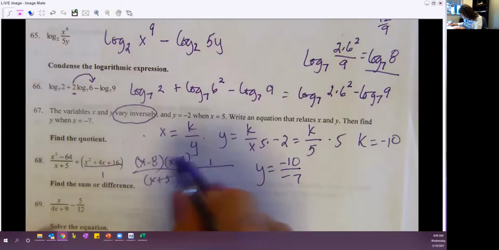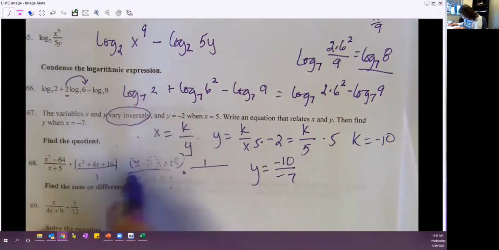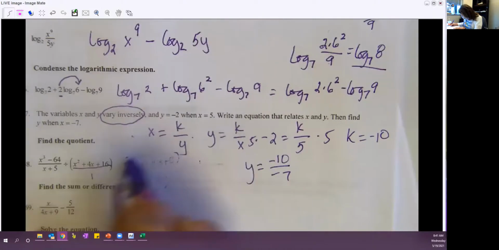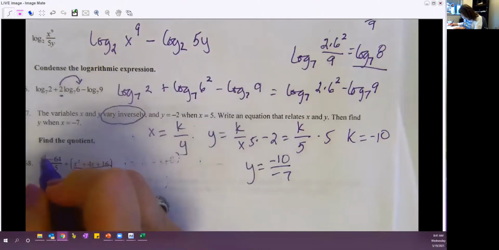Sorry, that's not a 2, that's a 3. This is cubed.